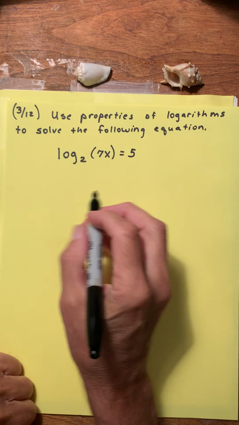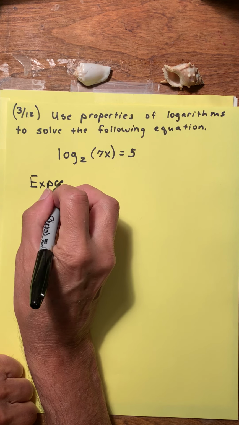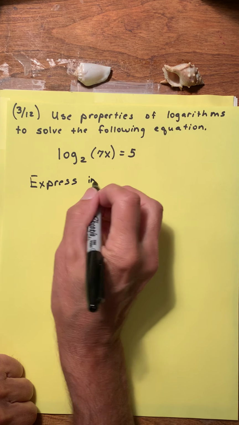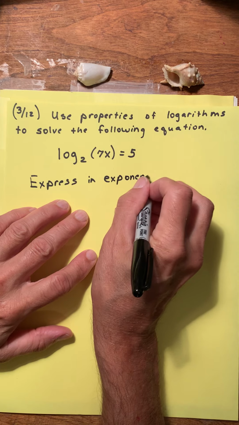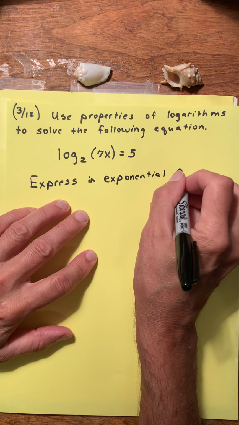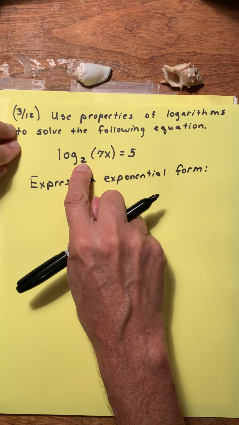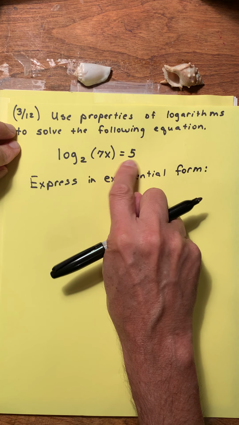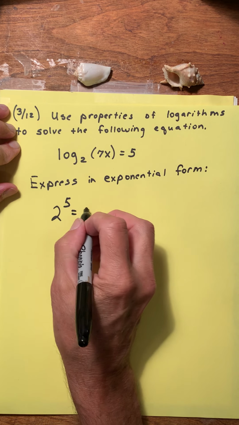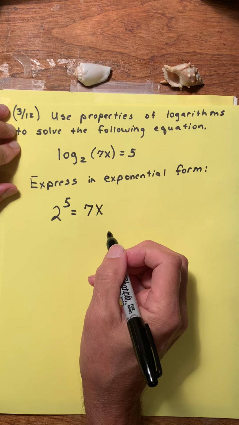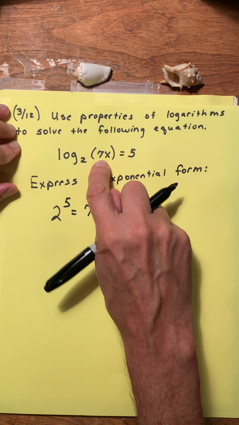But if I were to express it in exponential form, let's see what happens. 2 to the 5th power equals 7x. Right? Base to the exponent equals 7x.